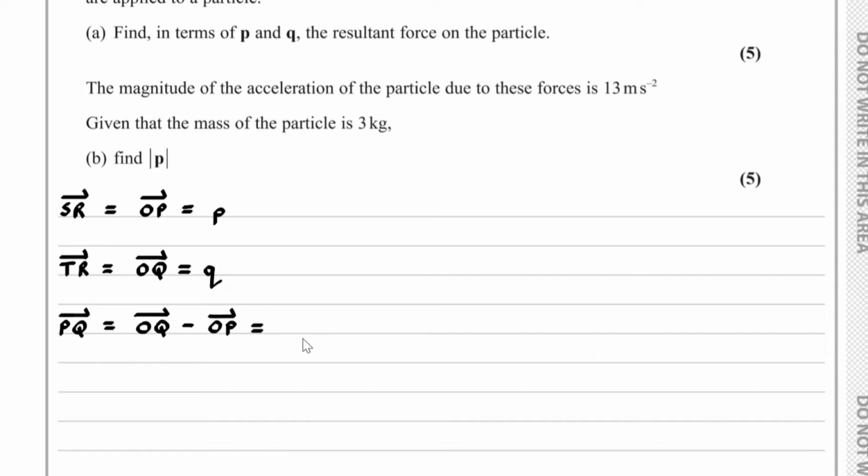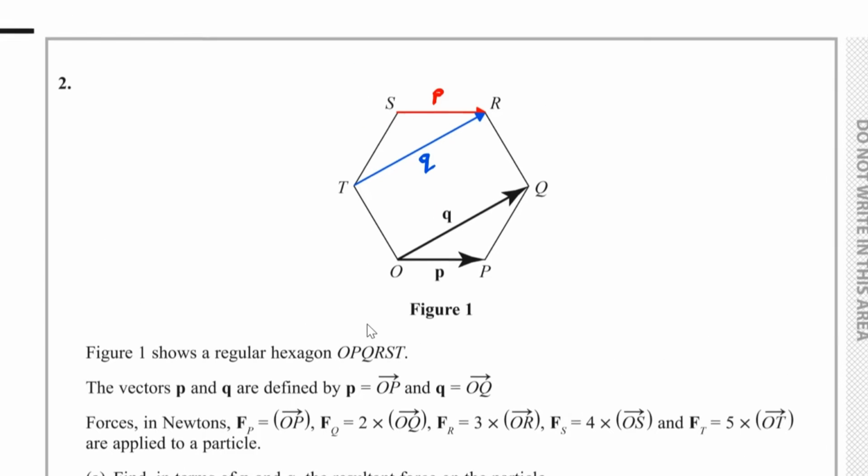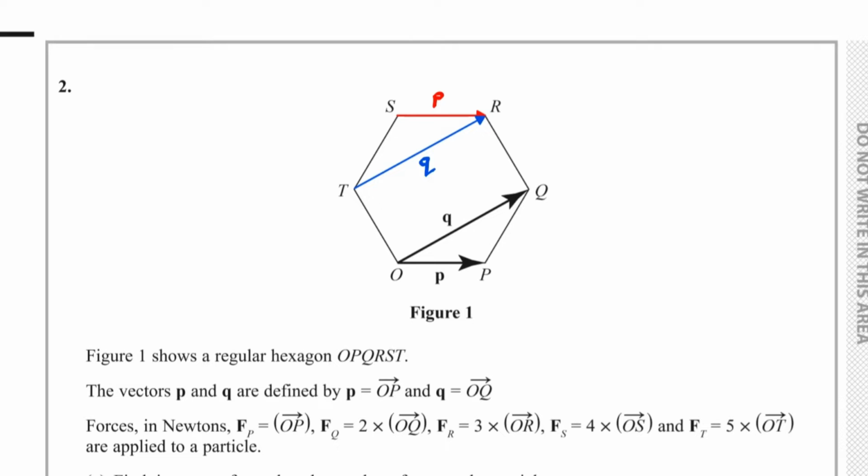So that's equal to q minus p, which means that this vector is equal to q minus p.